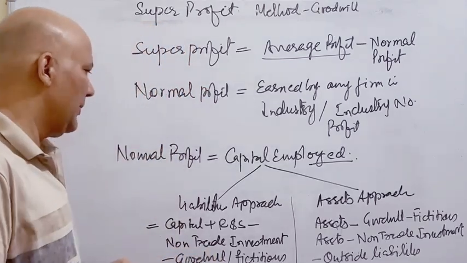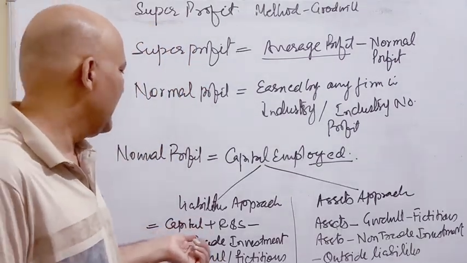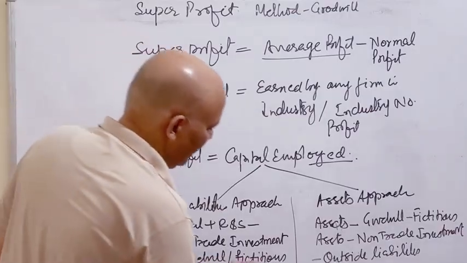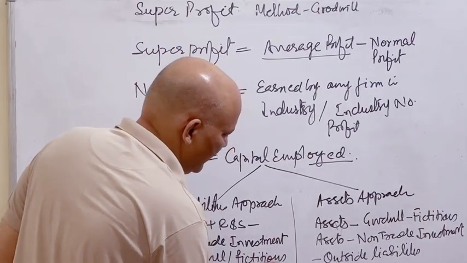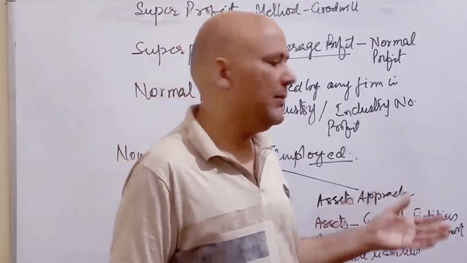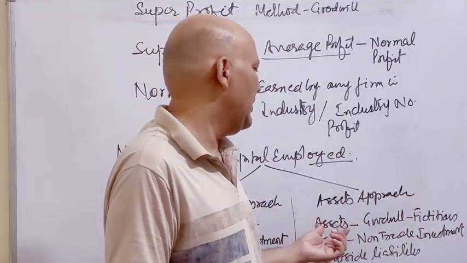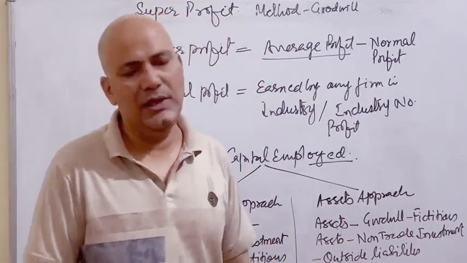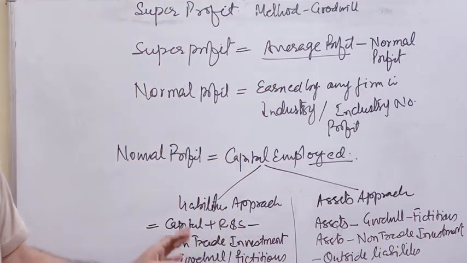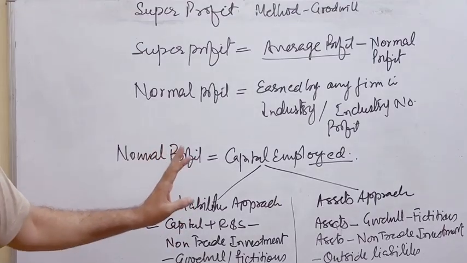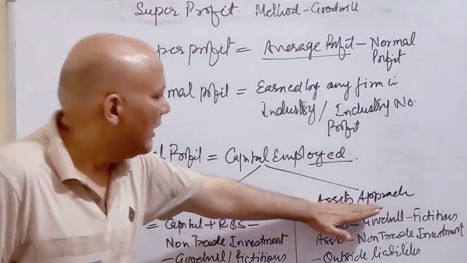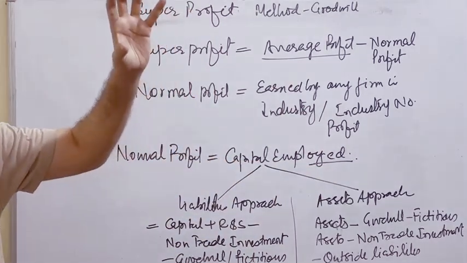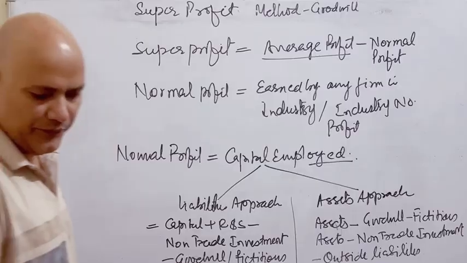So this is the formula. Capital plus reserve and surplus, minus non-trade investment, goodwill and fictitious asset. If you use the asset approach, you take the assets and minus goodwill, fictitious assets, non-trade investment and outside liability. This gives you your capital employed, the capital which has been employed in the business to earn profit.